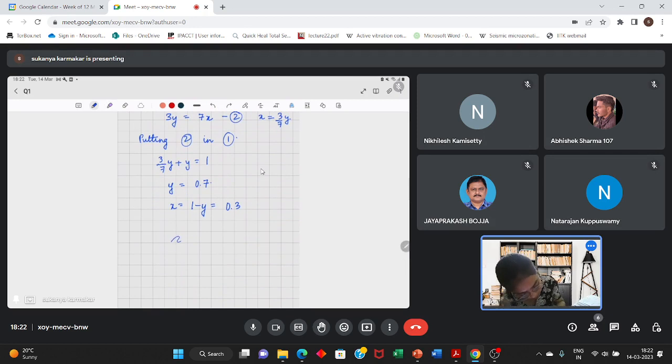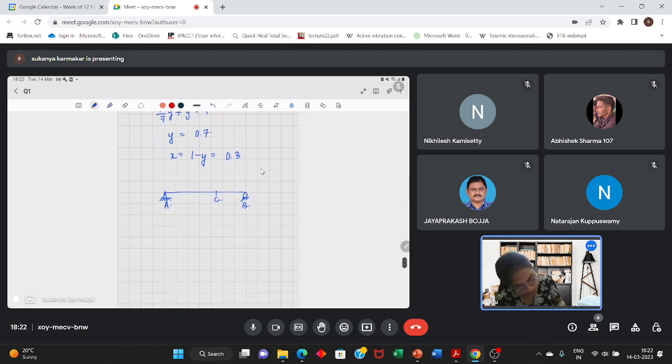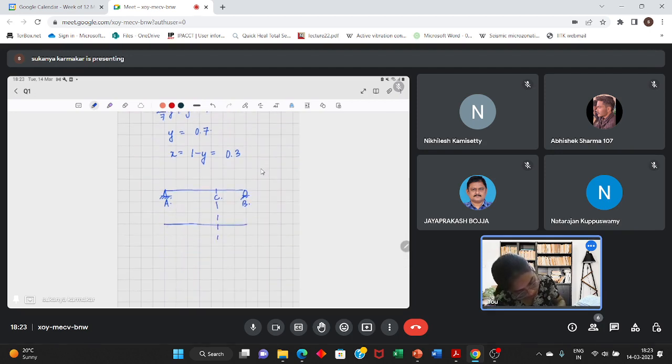So this is the beam. This is point C, this is point A, this is point B. This is the ILD.